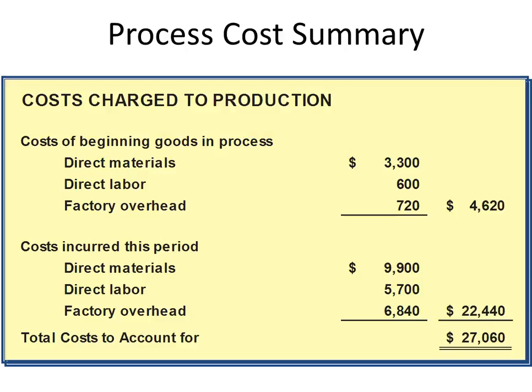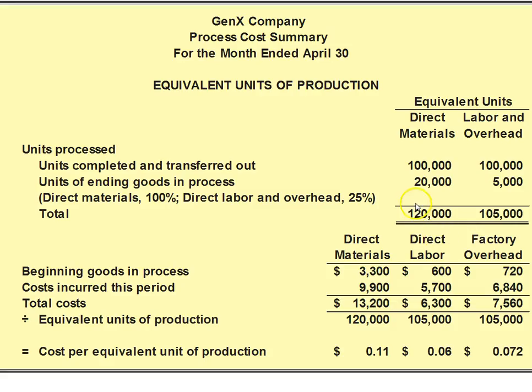Cost charged to production, again, they're adding it up. Total cost to account for, $27,600. Units completed out, that's not going to change, and now you're multiplying it by direct materials and overhead of 5,000.